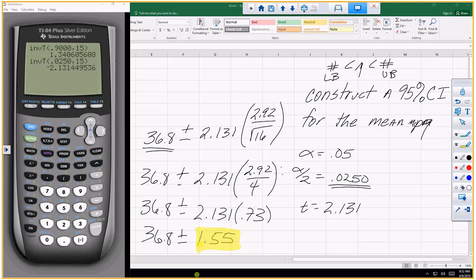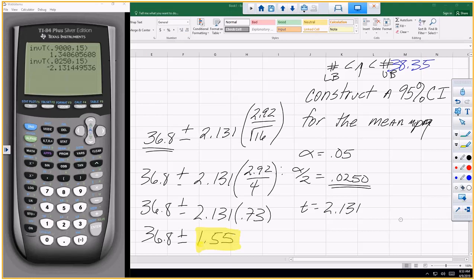So somebody take 36.8 plus 1.55. Tell me what you get. 38.35.